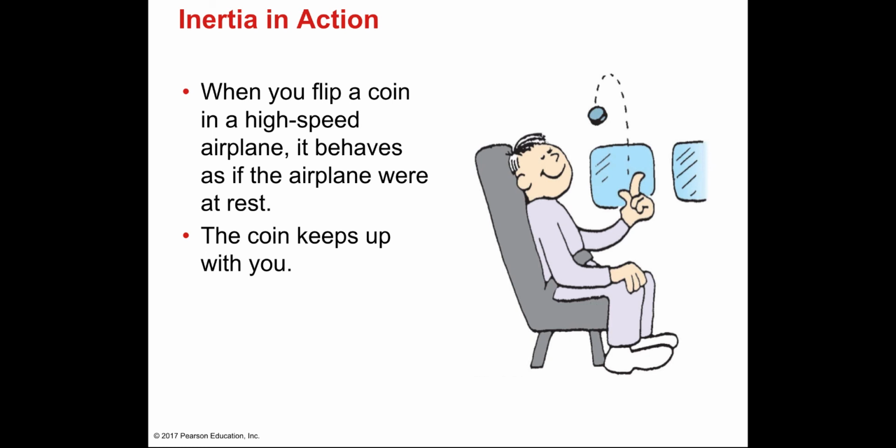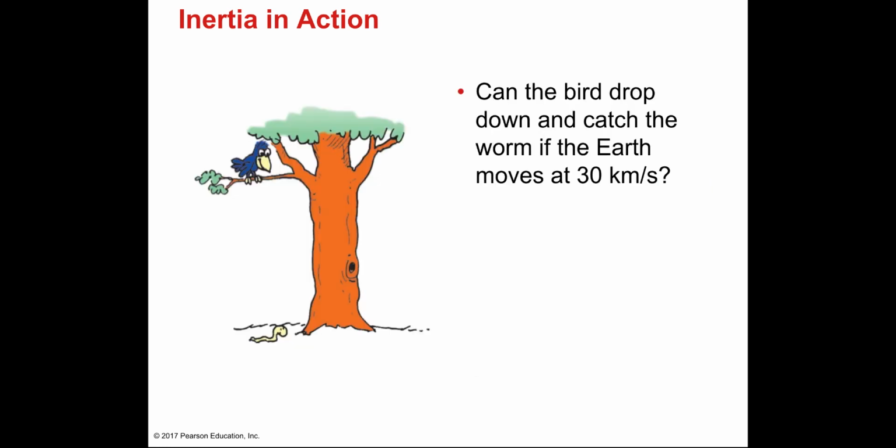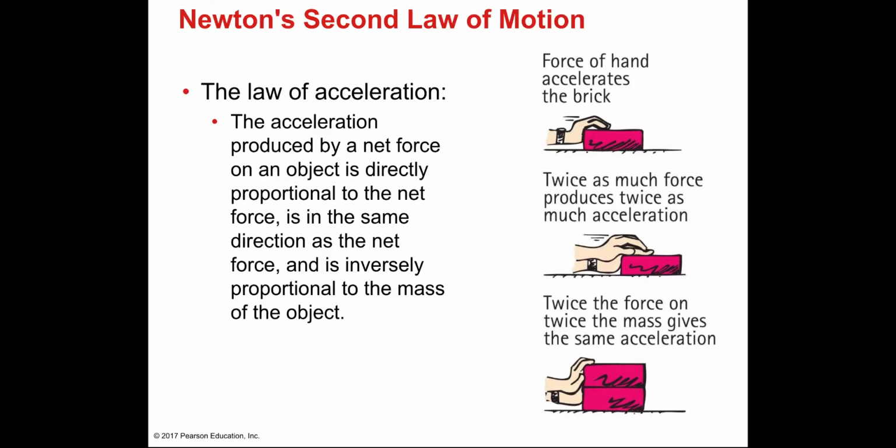The coin keeps up with you, and that is an example of inertia. If you've been in an airplane, try this. Can the bird drop down and catch the worm if the earth moves at 30 kilometers per second? Think about this.